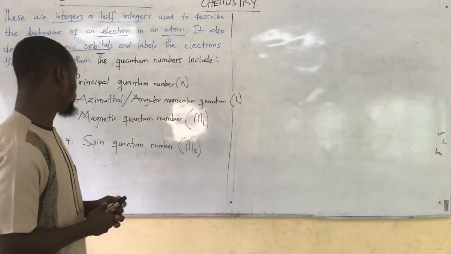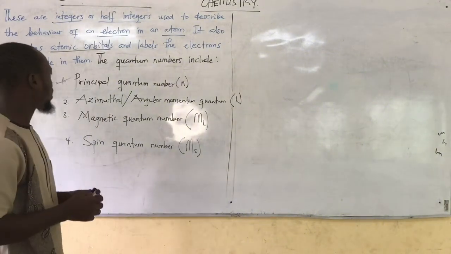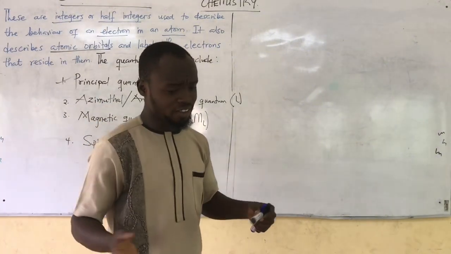Now let's take the first one, the principal quantum number. What is it?